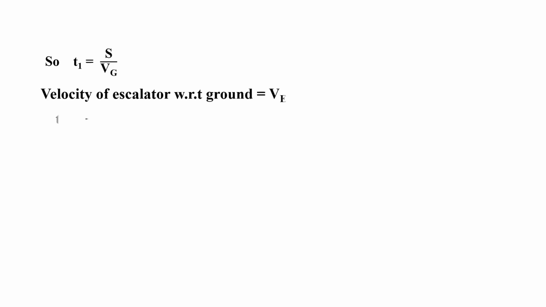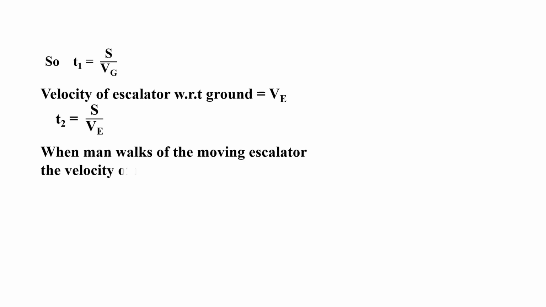Velocity of escalator with respect to ground is Ve. So then T2 is equal to S by Ve. So when the man walks on the moving escalator, the velocity of the man with respect to the escalator is Vme, equal to Vmg plus Veg.